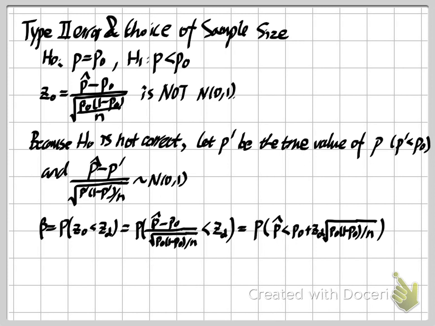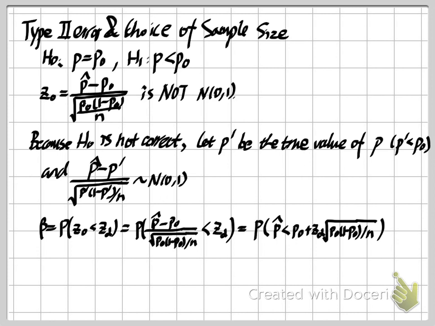So beta is equal to the probability of P hat smaller than P0 plus Z alpha times this square root. Now we want to compute this probability, so we should always convert this to a standard normal distribution. We know the new test statistic, when we define this P prime, is standard normal.